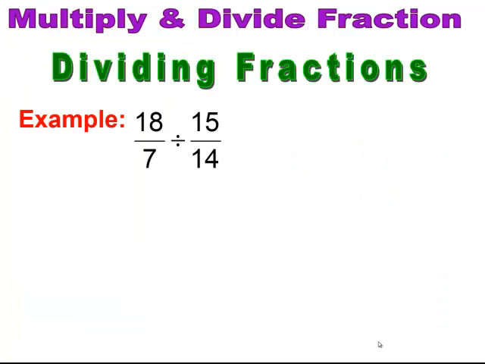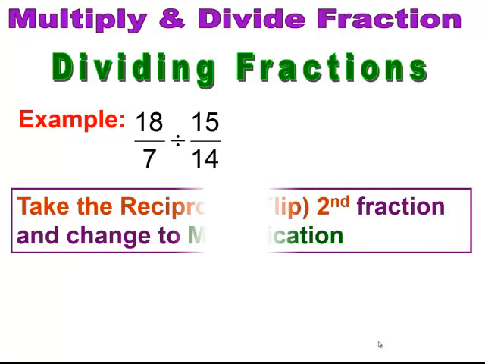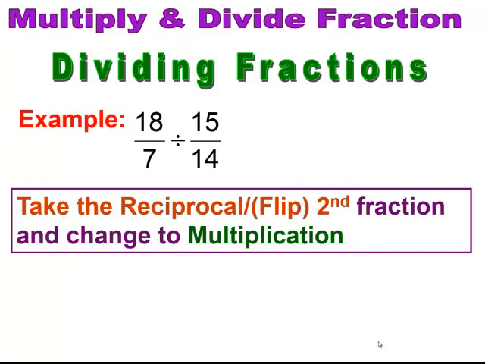So when we're doing division of fractions, we're going to need to use that idea of reciprocals. How it works is you take the reciprocal of the second fraction. Before you do anything, you have to flip the second fraction and change the division symbol to multiplication.